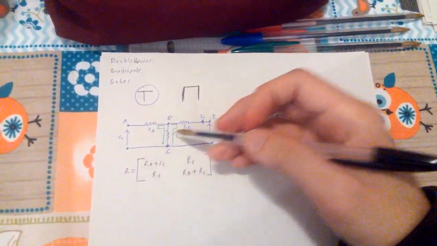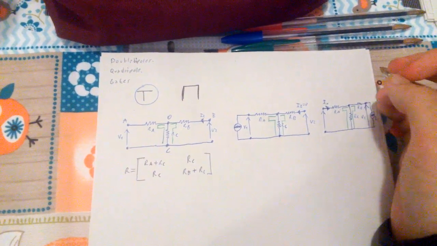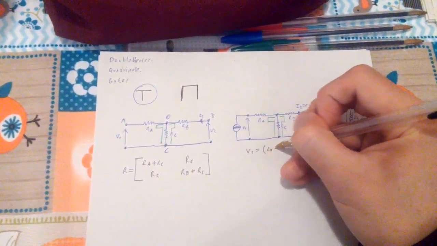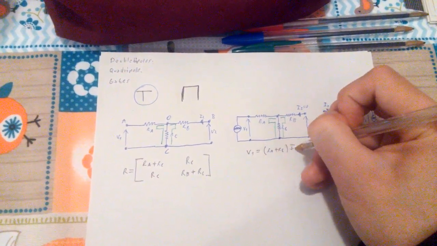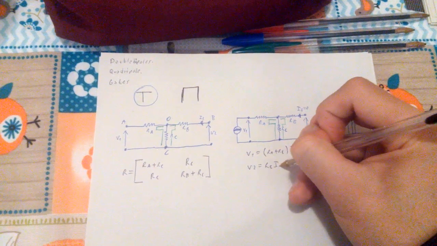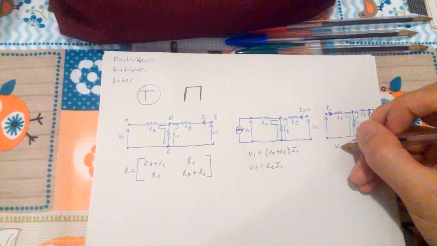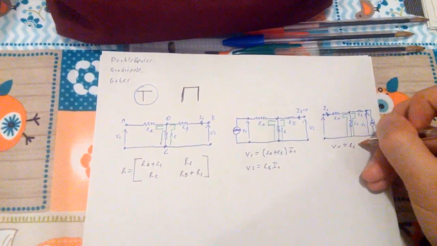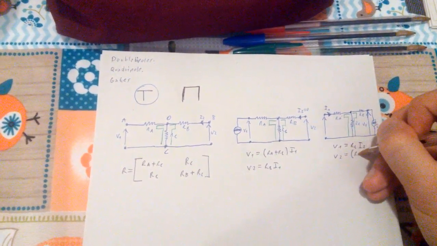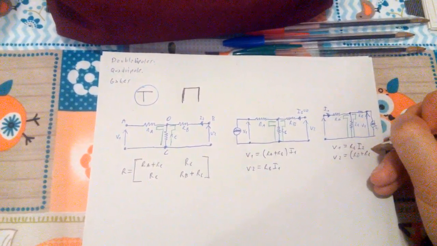So this is the matrix relative to this circuit. In this case, we have V1 equal to RA plus RC times I1, V2 equal to RC times I1. In this case, we have V1 equal to RC I2, and V2 as RB plus RC times I2.